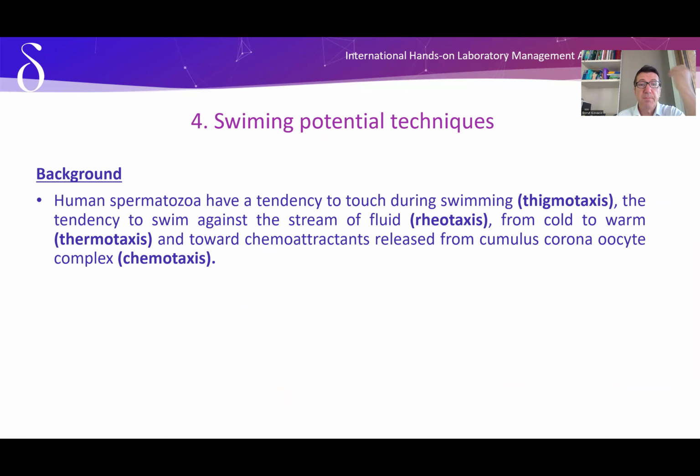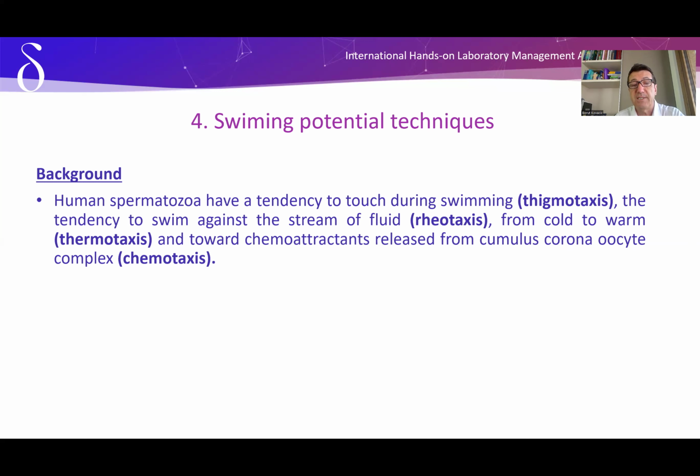So the swimming potential techniques, it is very interesting to know, and it is not very well known, that human spermatozoa have a tendency to touch during swimming. This phenomenon is called thigmotaxis. They also have a tendency to swim against the stream of fluid. The phenomenon is called rheotaxis, and to swim from cold to warm places.